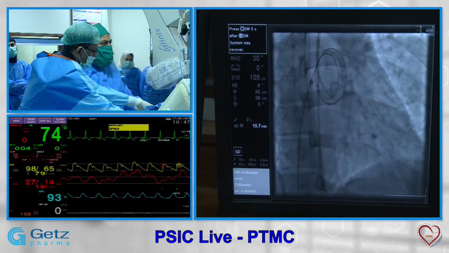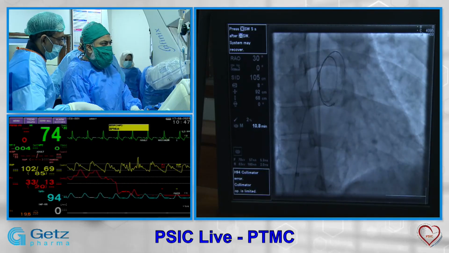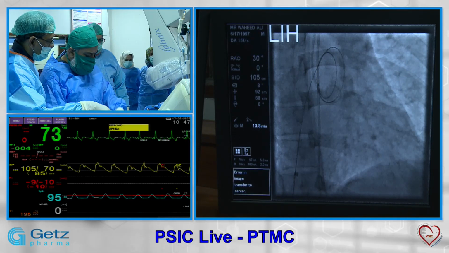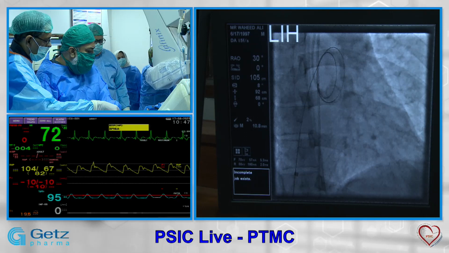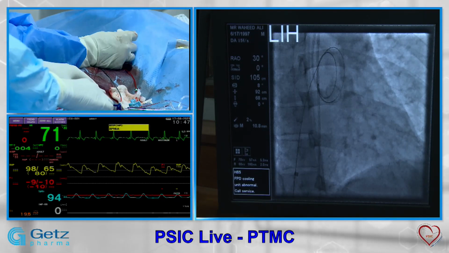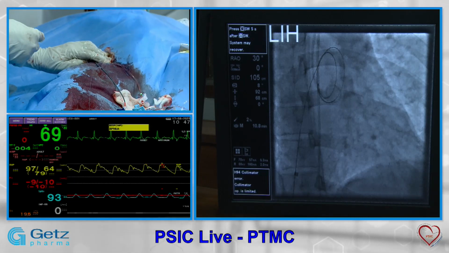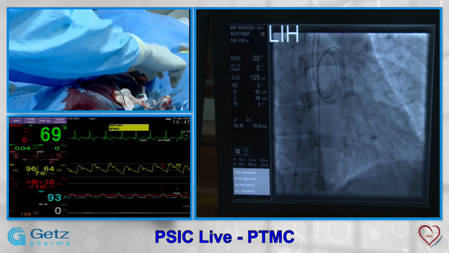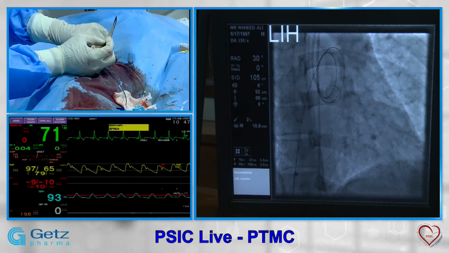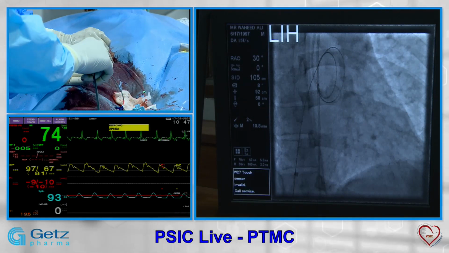Okay, so now the wire is in the LA. And we'll take this sheath out. And the next step will be, straighten the patient's arms. Blade please, cut. The patient's arms will be down. The next step will be dilatation of the septum.